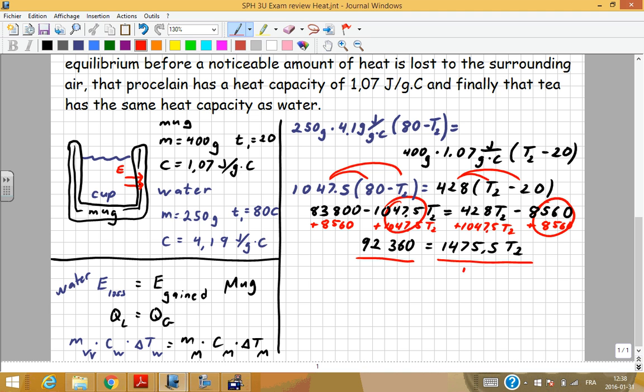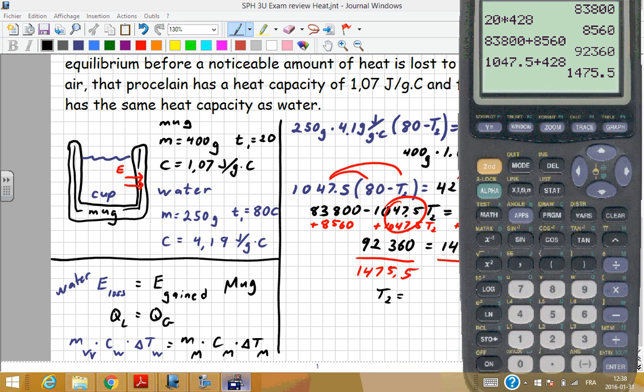We need it alone. We have to remove that multiplied by 1475.5 by doing the opposite calculation, which is divide. Which means, according to our calculator, 92,360 divided by 1,475.5 equals 62.59.